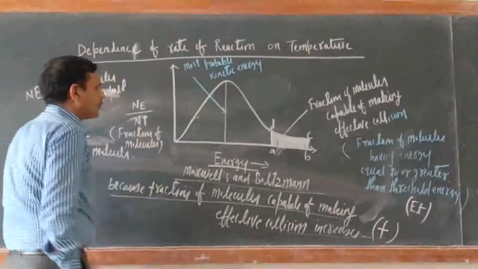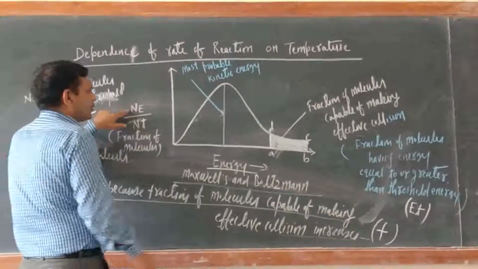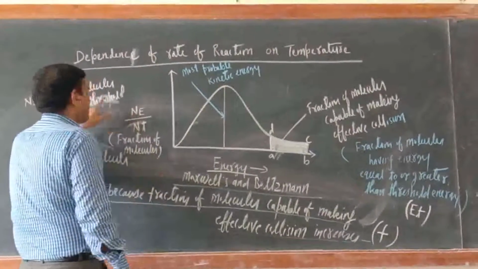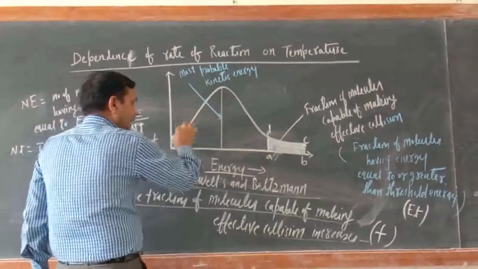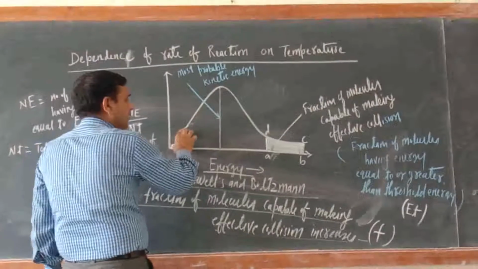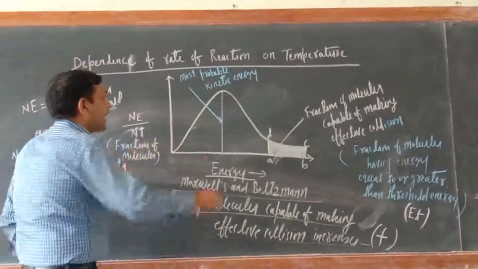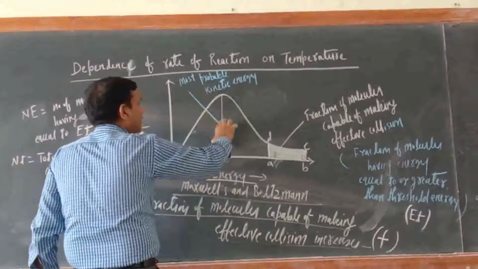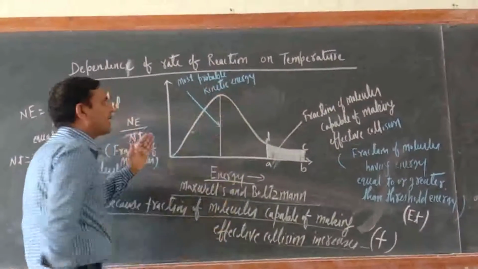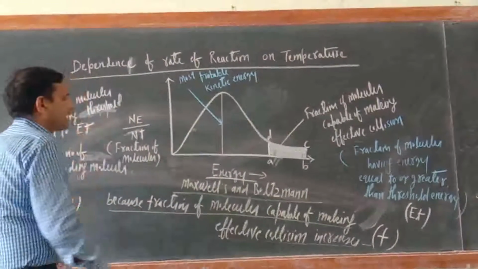So what they found was that the number of molecules having energy equal to threshold energy was less at the beginning, and at the peak that was also less. Only in between, most of the molecules were having energy equal to threshold energy.